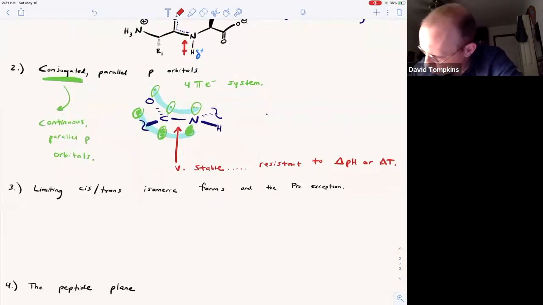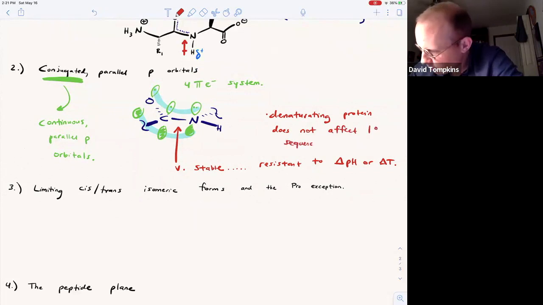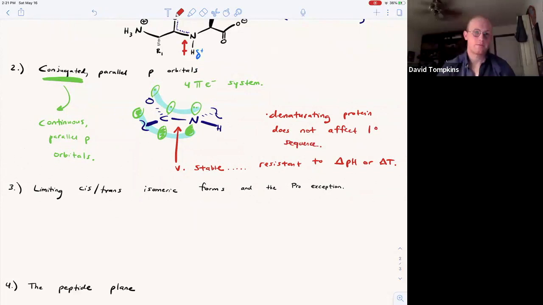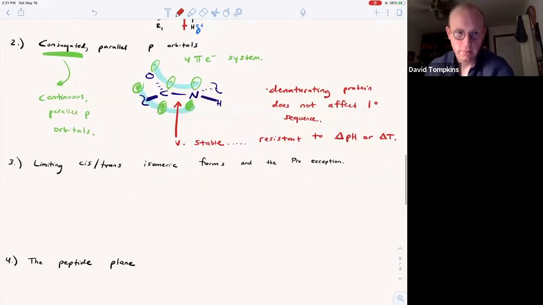So denaturing a protein will not affect this primary sequence. Peptide bonds are stable.